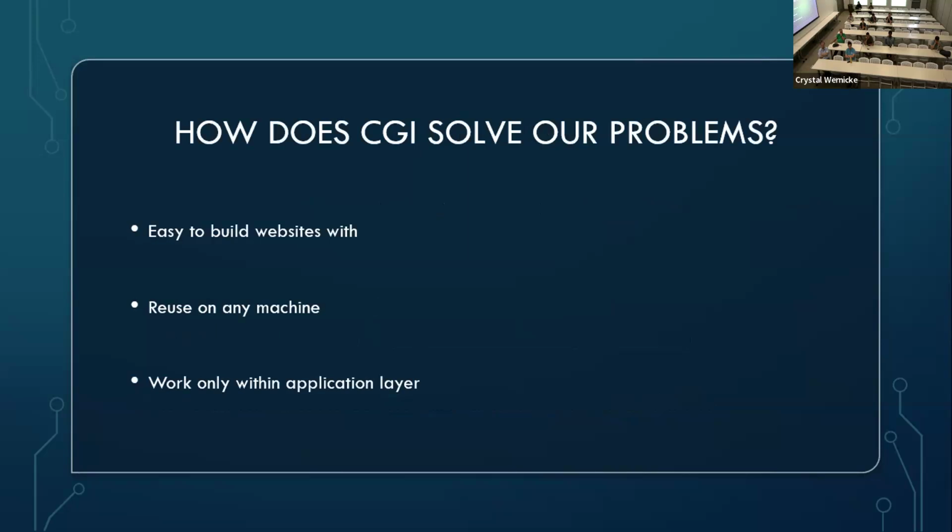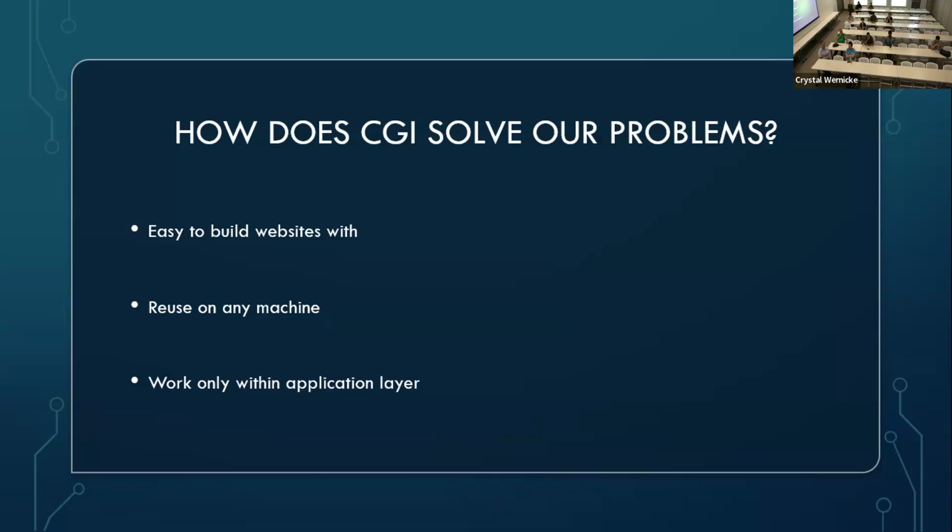You don't have to worry about implementing stuff from the network layer, the transport layer, even at the presentation level. All you have to do is worry about your business requirements, your data processing, your data validation. That's all done within your application.